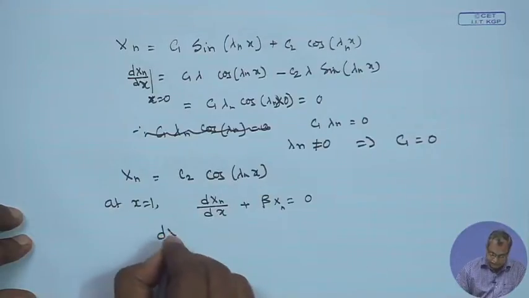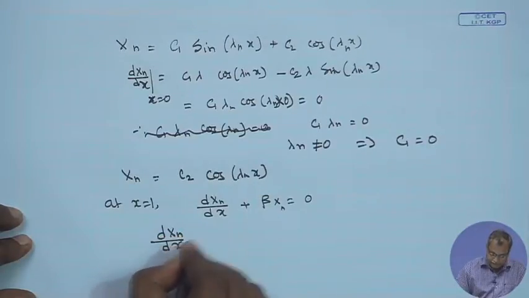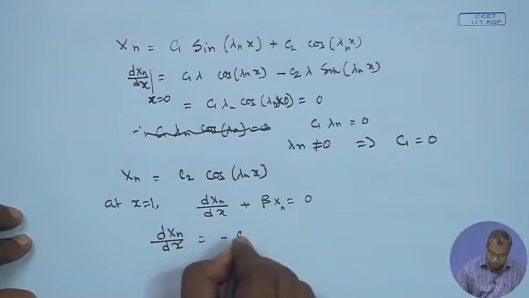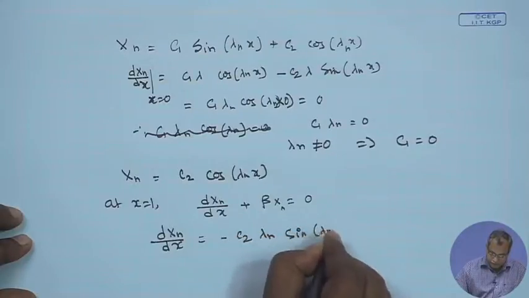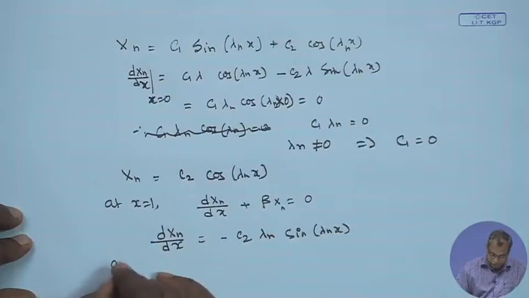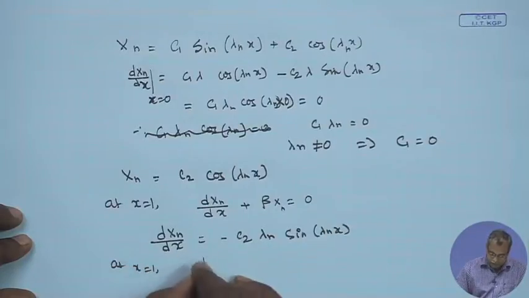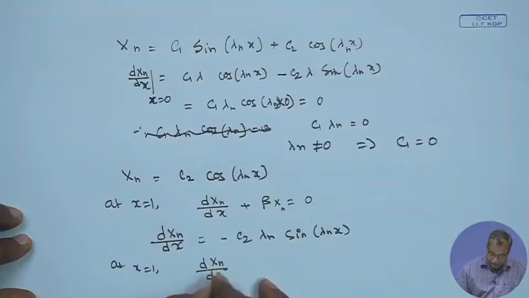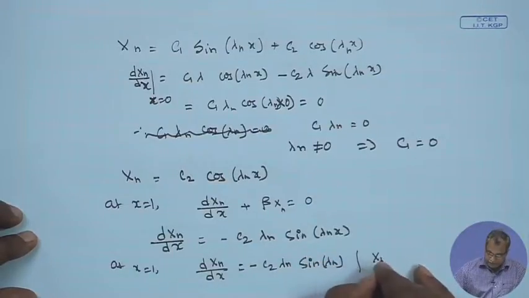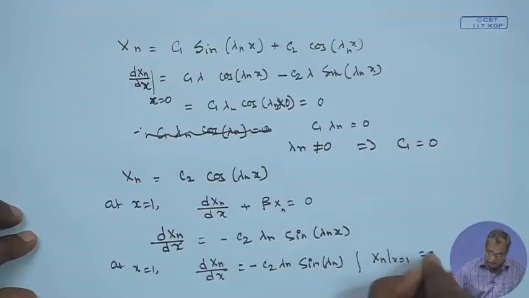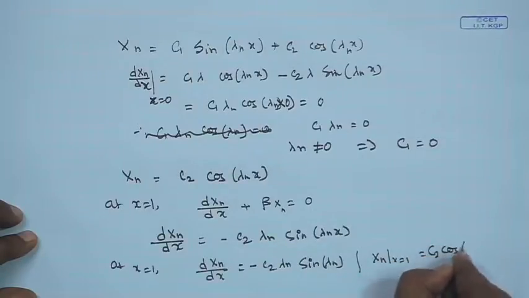Let us see what dXn dx is. dXn dx will be nothing but minus C2 lambda n sin lambda n x, and at x is equal to 1 this becomes dXn dx is equal to minus C2 lambda n sin lambda n, and Xn at x is equal to 1 becomes C2 cos lambda n.